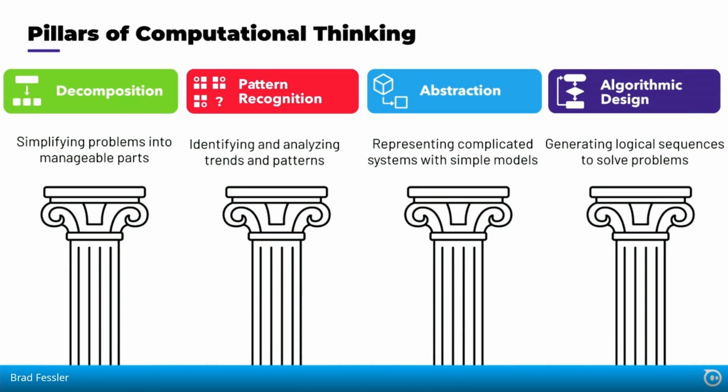Our next pillar is pattern recognition, where we identify and analyze different patterns or trends in information. Indy is amazing for pattern recognition. We'll notice every time Indy goes across a blue tile, it turns to the right. If you look at the blue tile, there's also a raindrop kind of shape there.